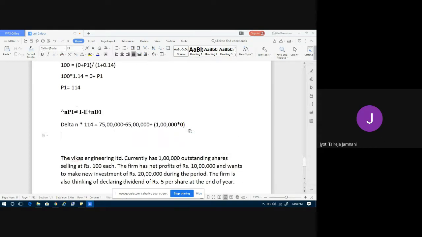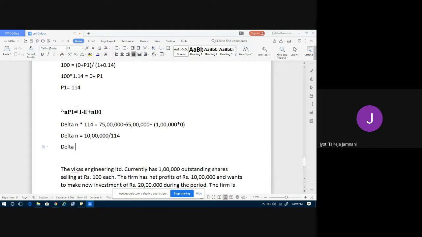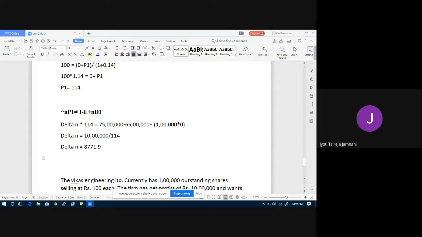So delta N is 75 minus 65 lakh, which is 10 lakh, plus 0, divided by 114. Has anybody done it? The new number of shares is 8,771.92, right? Yes, ma'am.